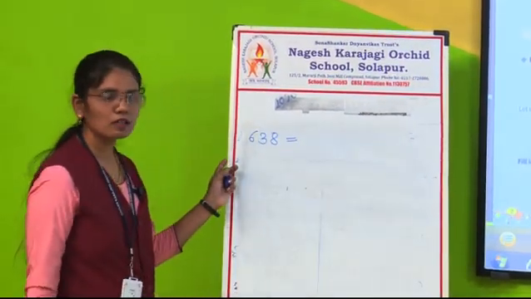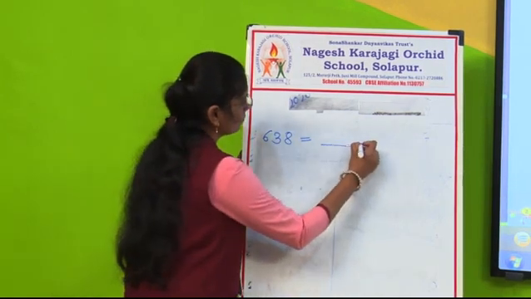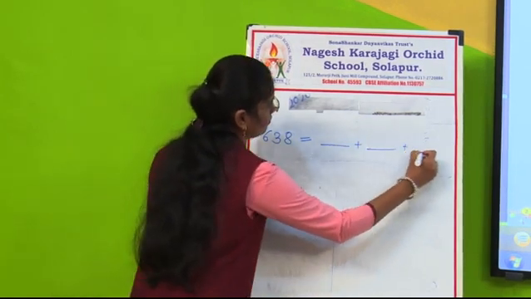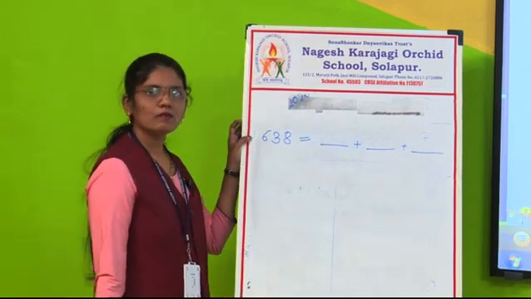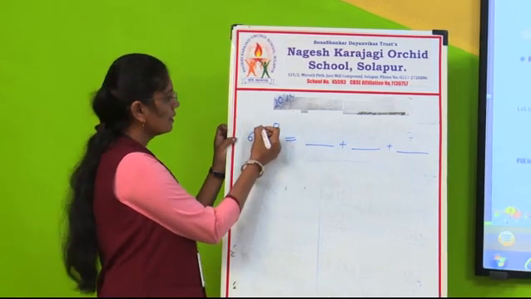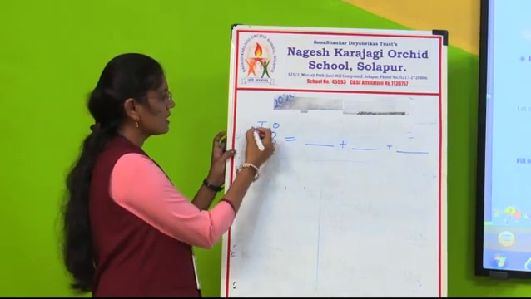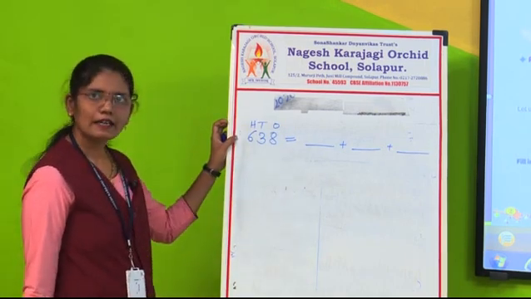Now look at the board. 638. Now first what we will write? We will write O. O stands for ones, T stands for tens, and H stands for hundreds.